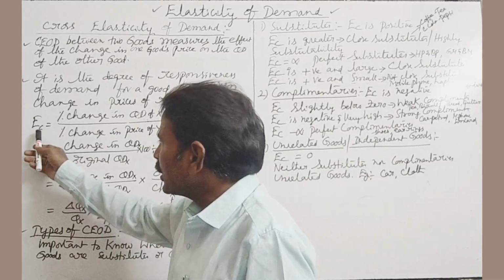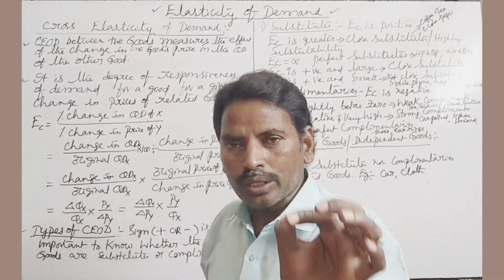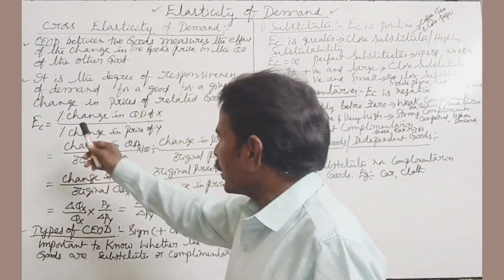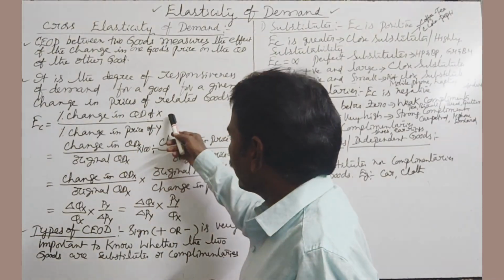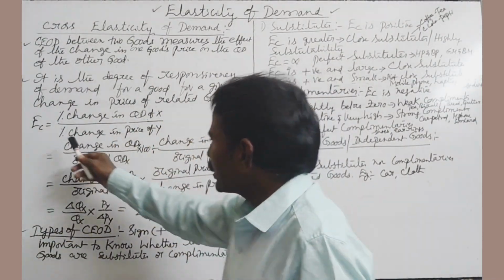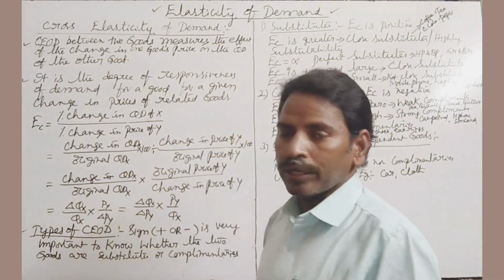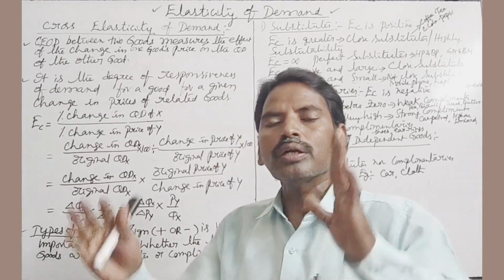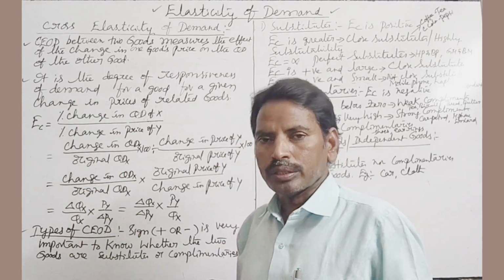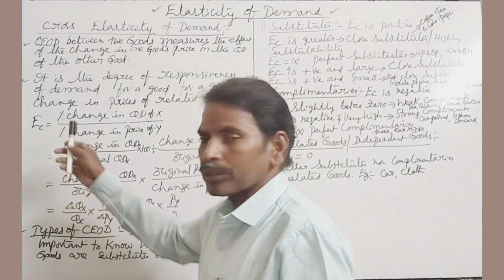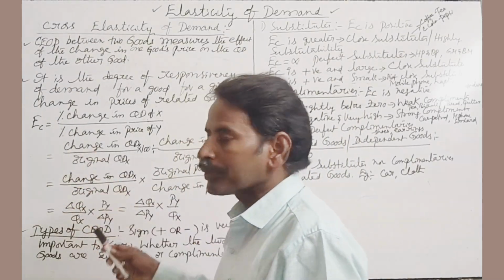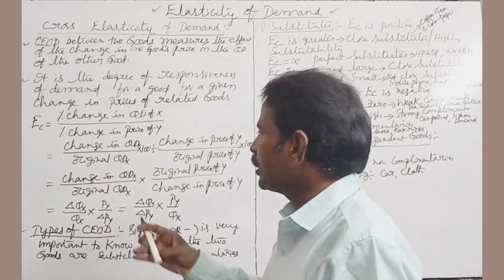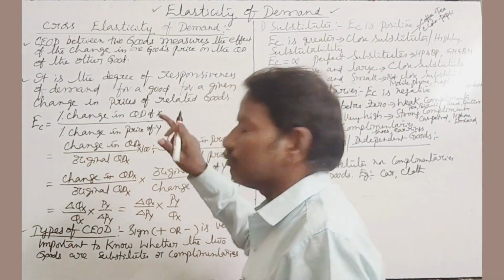So, EC is denoted as cross price elasticity of demand. EC is equal to percentage change in quantity demanded of X divided by percentage change in price of Y. Here X and Y are substitutes or complementaries.